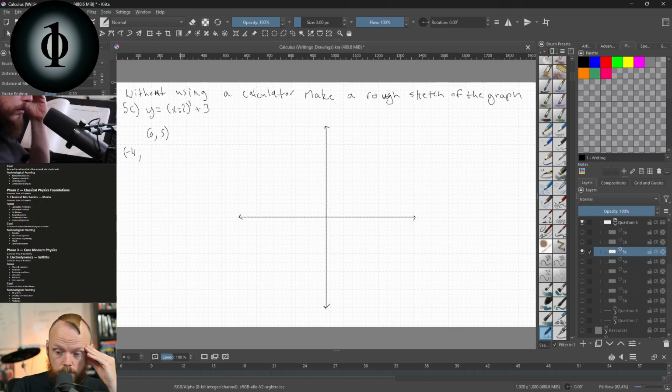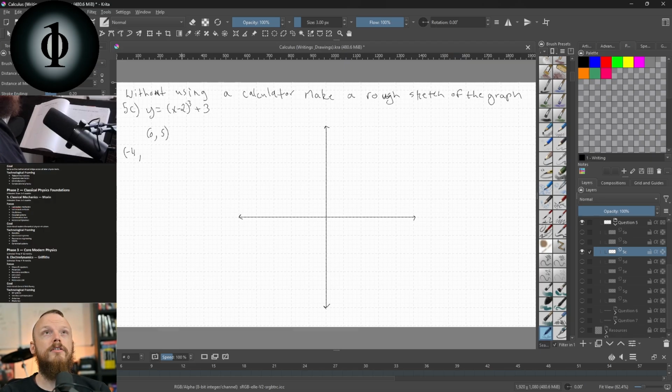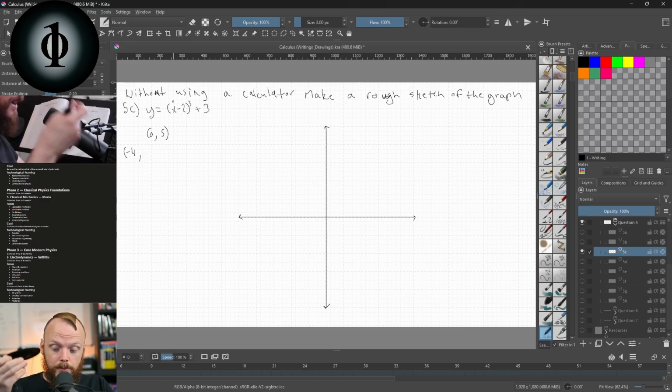What's -4 minus 2? -6 cubed. What's 6 times 36? 180 plus 36, 216? I'm taking the 'without using a calculator' too literally. I'm going to have to use a calculator for the simple math here.